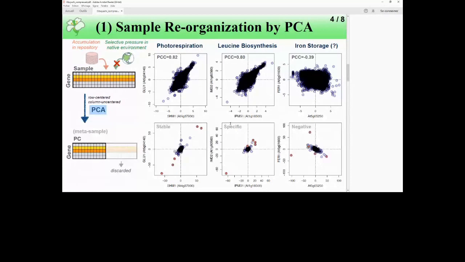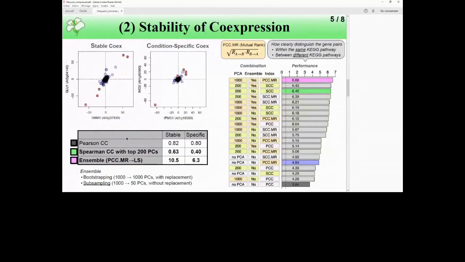Okay, so first, when we simply apply the Pearson correlation coefficient, we cannot distinguish these two cases. Both co-expressions are quite large, almost 0.8. But when we apply the Spearman correlation coefficient, a rank correlation coefficient, it is resilient to the magnitude of the data.